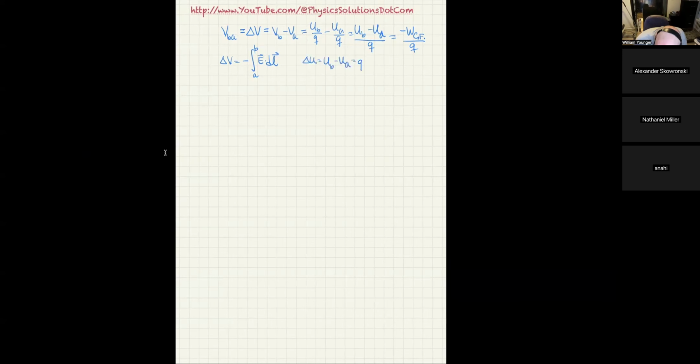So we'd say this is Q times VB minus Q times VA, which is Q times VB minus VA, which you can write as Q times delta V. So that's another expression, and that's actually going to lead us to a new unit for energy that we're going to talk about in a second.